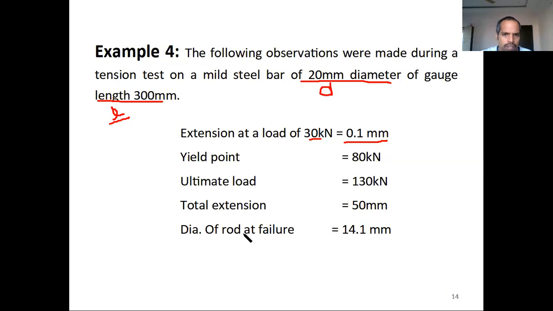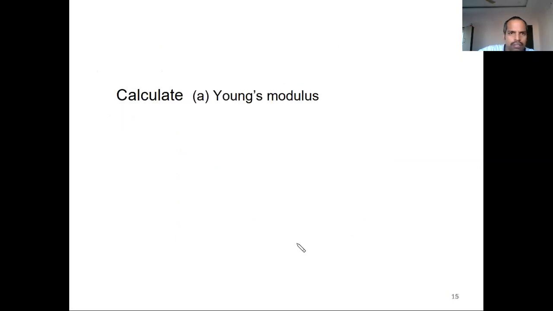Similarly, for ultimate stress. After the tension test, it is observed that the total extension is 50 mm, that is the final change in length, and the diameter at failure. We have discussed that at failure the diameter decreases, that is 14.1 mm. Now let us see what is required.